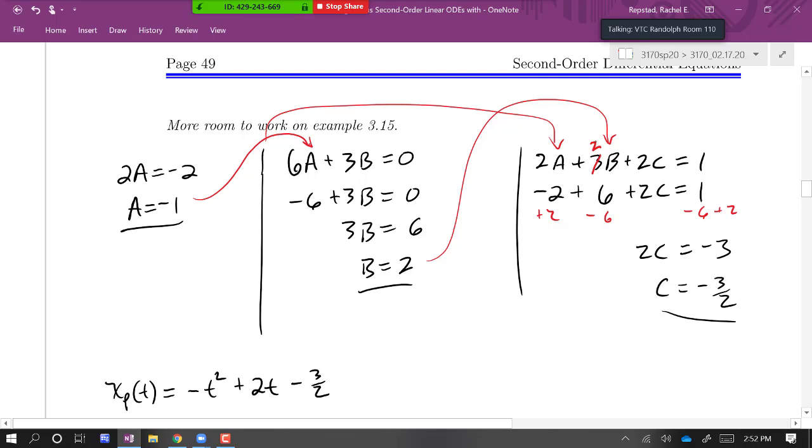Let's see. So this A and the B is the same, right? Okay. And then if B is 2, then this is 4. And so we'd be subtracting 4.